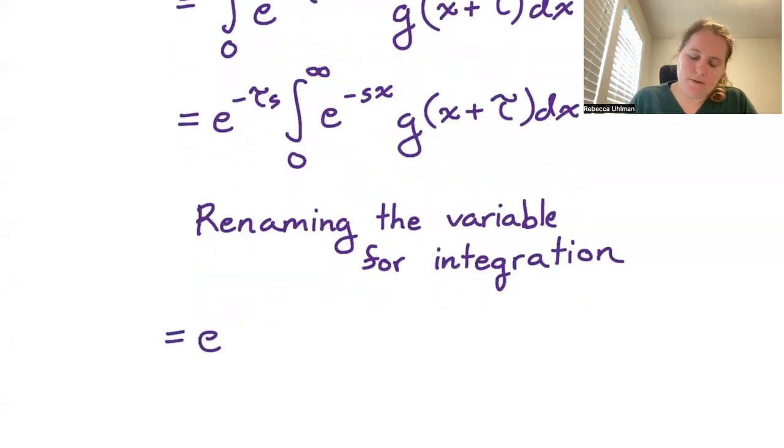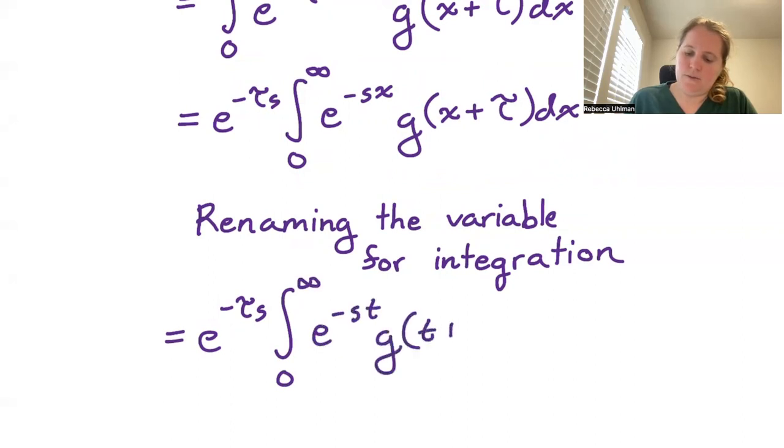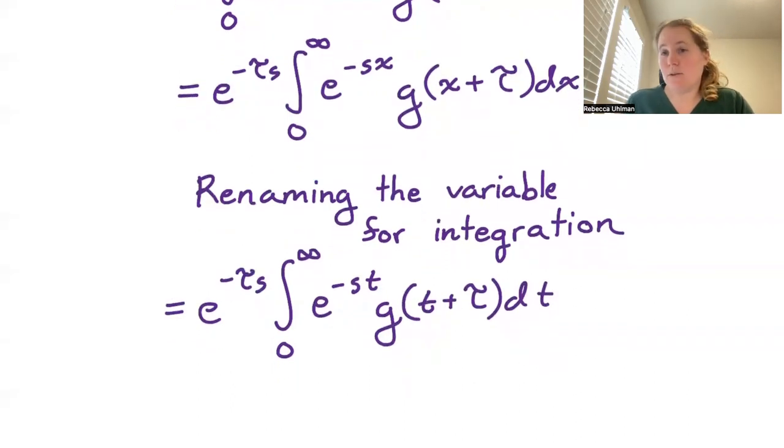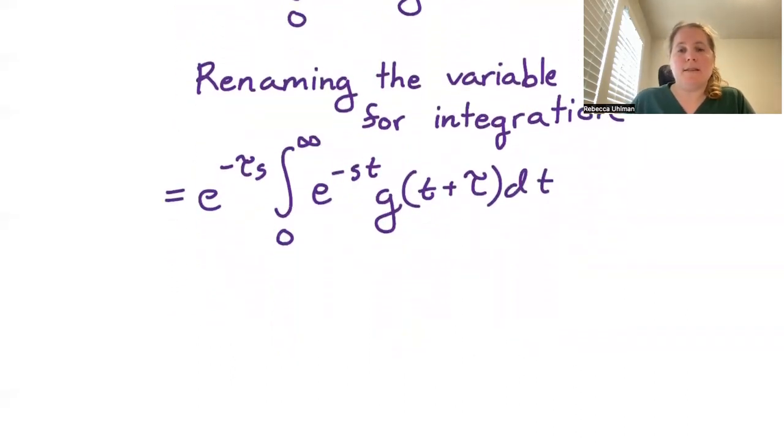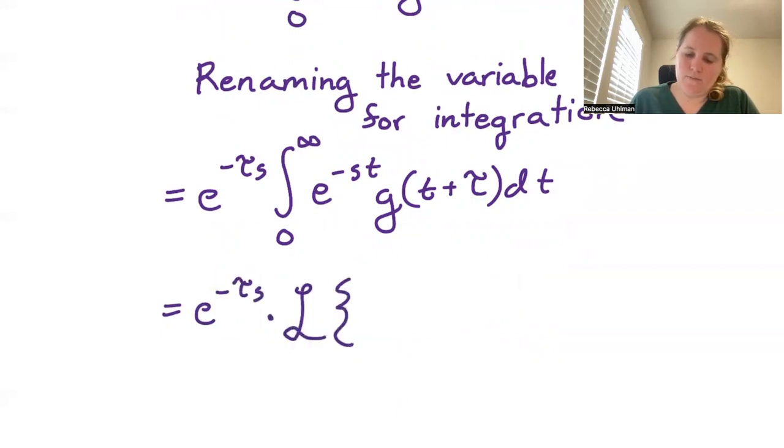We get e to the negative tau s times the integral from 0 to infinity of e to the negative st times g of t plus tau dt. This improper integral should look very familiar. This is just the Laplace transform of g of t plus tau. So we have e to the negative tau s out front, and then we are multiplying the Laplace transform of g of t plus tau.